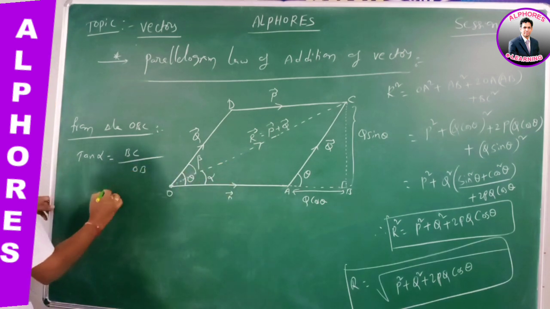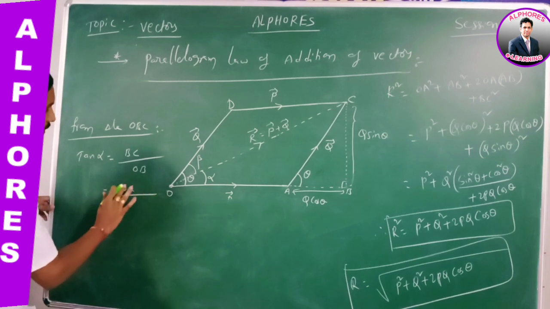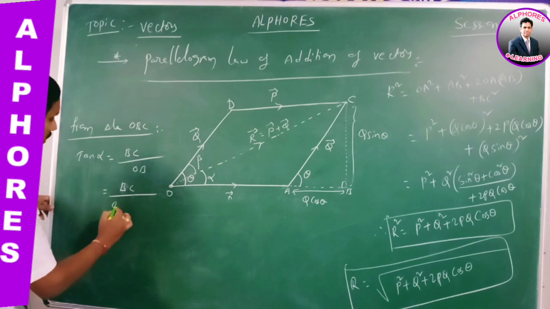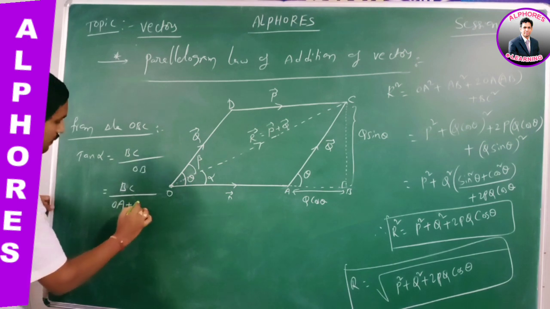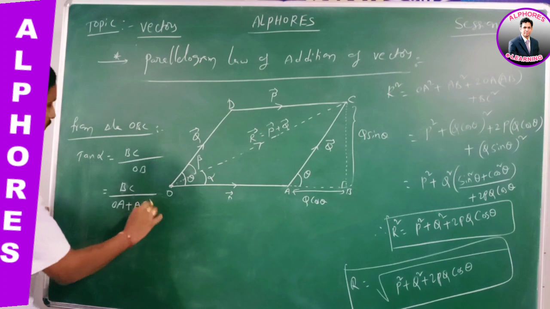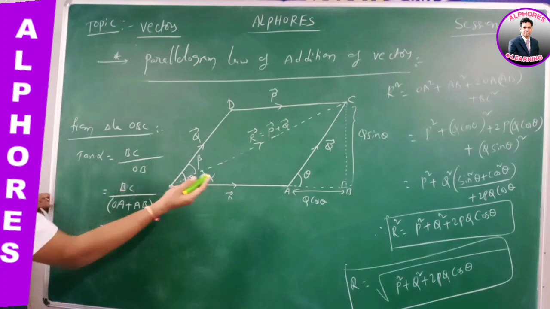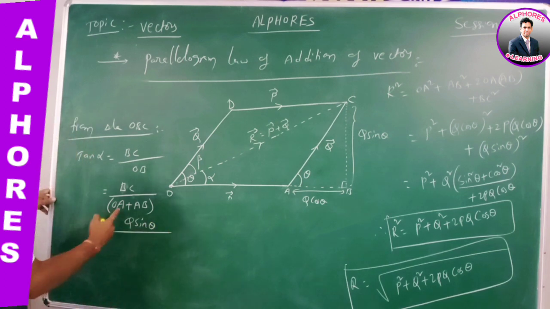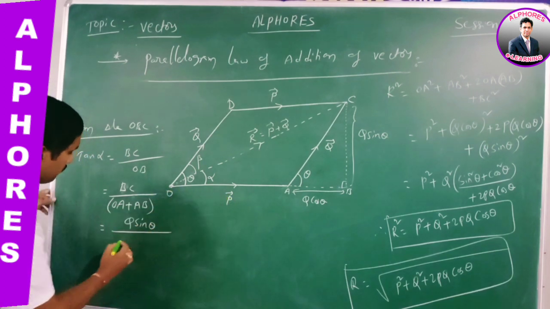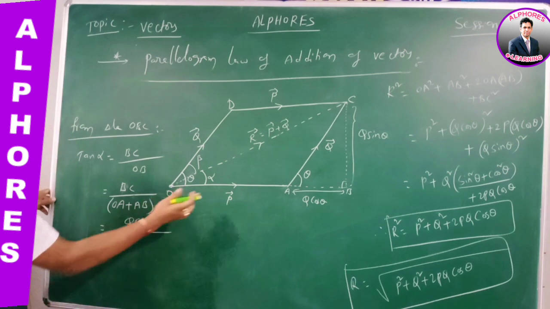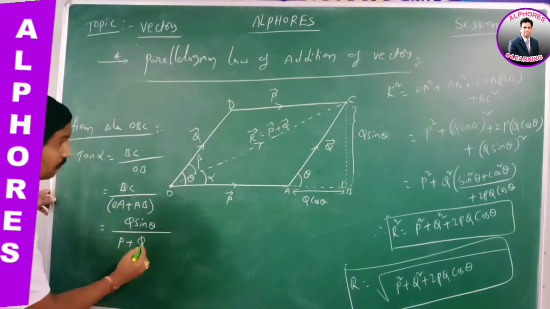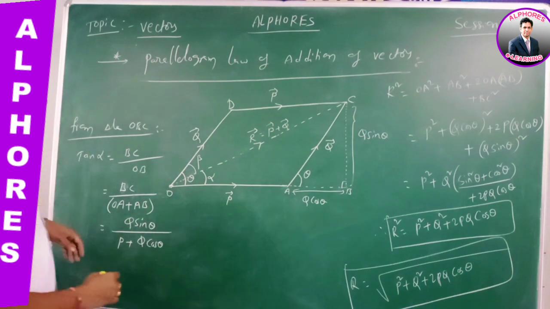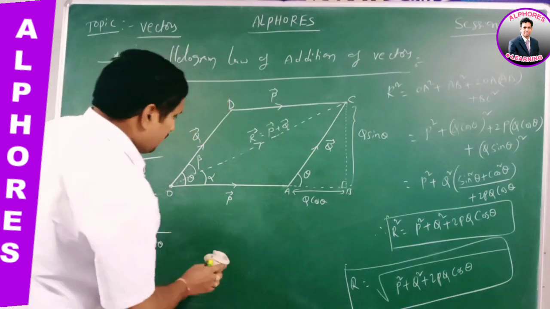OB is nothing but OA plus AB. Now it can be written as BC, which is Q sin theta, by OA, which is P, plus AB, which is Q cos theta. Therefore, this gives the direction of the resultant.